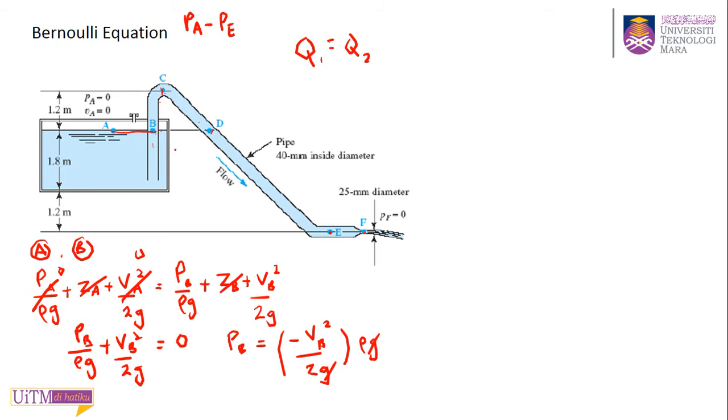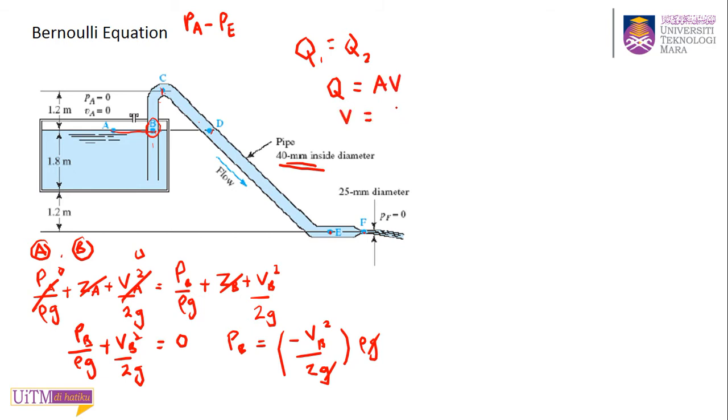You have the area for this pipe. They give you the 40 millimeter inside diameter, so you can find your velocity at point B. Q equals AV, you want to find V.